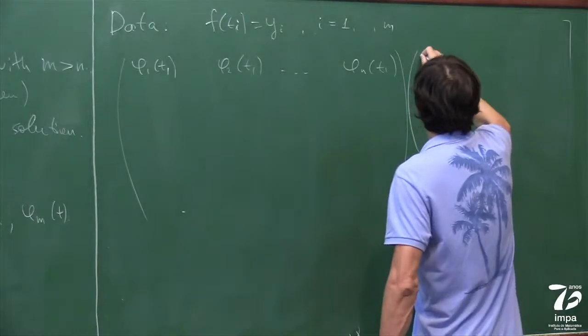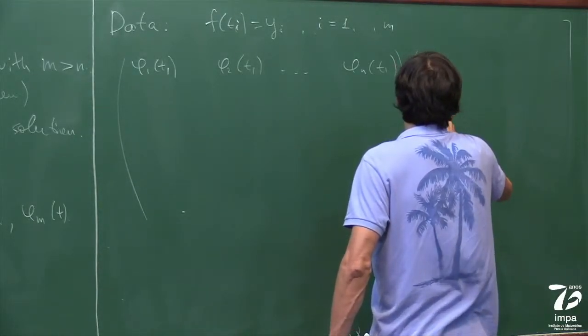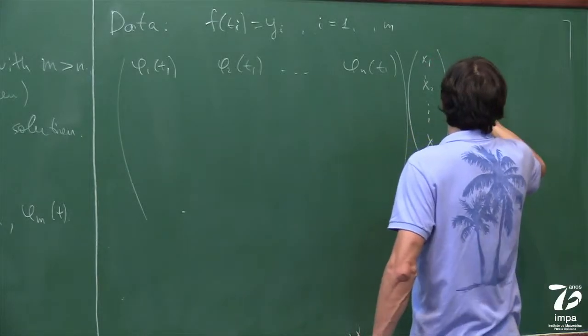This one is multiplied by the vector x1, ..., xn.